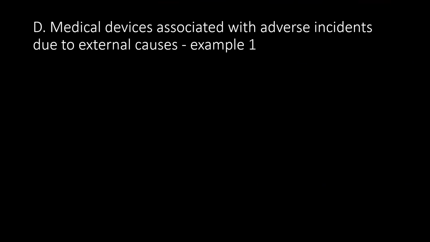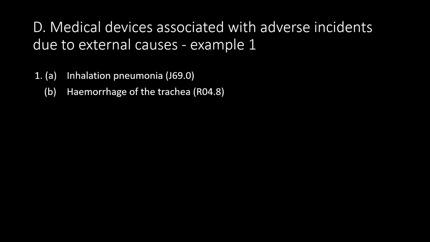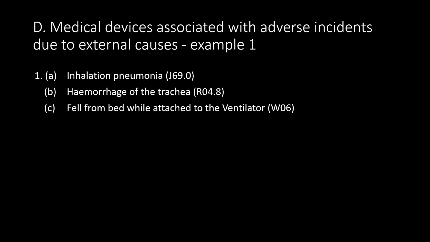Let's discuss the example under section D. 1A, inhalation pneumonia. 1B, hemorrhage of the trachea. 1C, fell from bed while attached to the ventilator. Part 2, respiratory treatment following liver transplant.